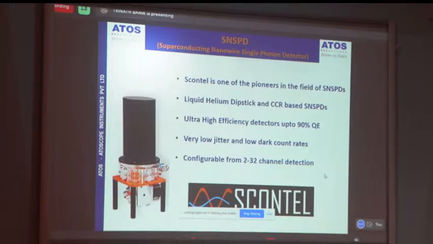This has a cryostat inside the system, and then you have different kinds of lasers. It has single photon detection capabilities and can be configured up to 32 channels with low jitter and low noise. So this SNSPD system can be used by whoever is working on quantum communications or quantum entanglement.